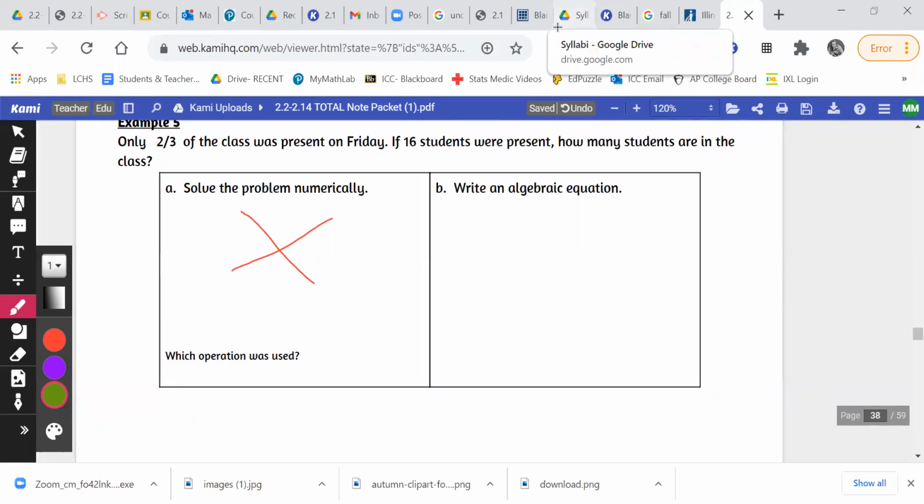Only 2/3 of the class, 2/3 of means multiply, class was, same thing as is, and then you have the amount that was present on Friday, which is 16. So make sure that you look at what you're solving for. How many students are in the class? So we want the total number of students.